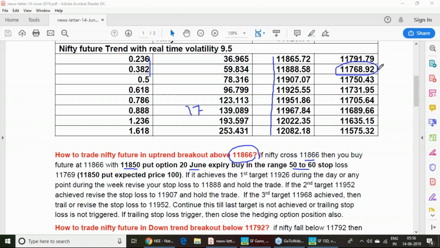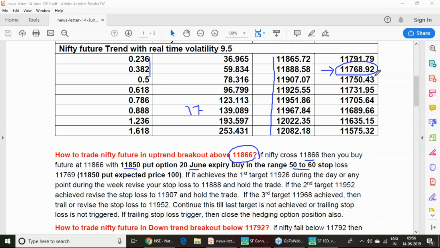Because I am following the Fibonacci, the downtrend will be confirmed if Nifty falls to 11,769 after my entry. If the trade is going against me, I will book the loss in the future if the Nifty comes down to 11,769.